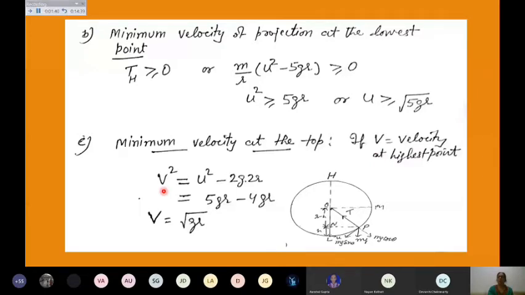Now at the highest point, the height above the lowest point is equal to twice the radius. So if you put this value, and the value of the minimum velocity with which the body is projected, that is root of 5gr, then I'm getting V equal to root of gr, or it should be greater than this value.